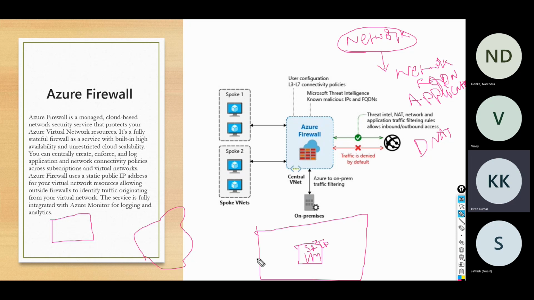So in this case, what we are going to do in Azure Firewall is create a DNAT rule. For the customer or partner, we are going to provide the firewall public IP address.